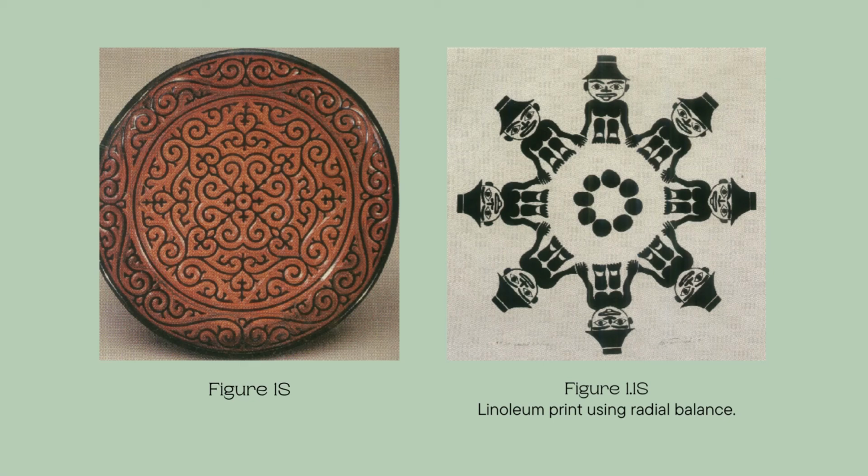As the design moves outward, the repetitions become more complicated and increase to eight around the rim of the tray. Figure 1.1S just shows a linoleum print design applying the radial balance.